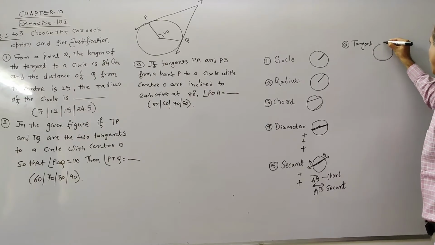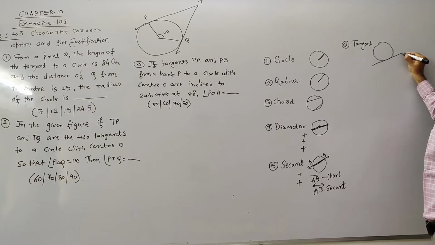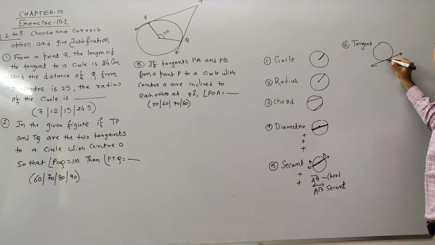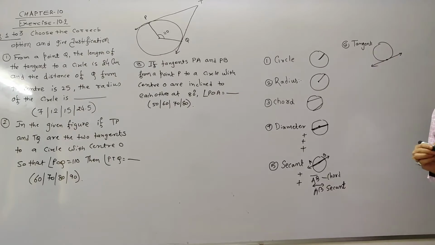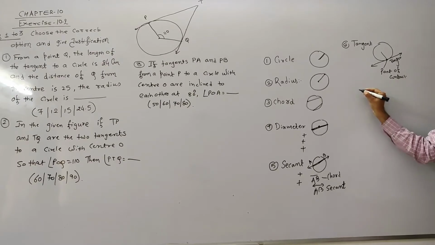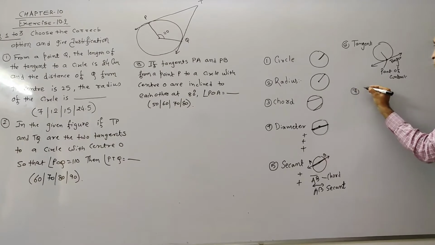Well, now the sixth point, that is tangent of a circle. You know, a line which intersects or touches the circle at one and only one point is known as a tangent of a circle, and this is known as the point of contact. Well, the seventh concept, that is congruent circles.